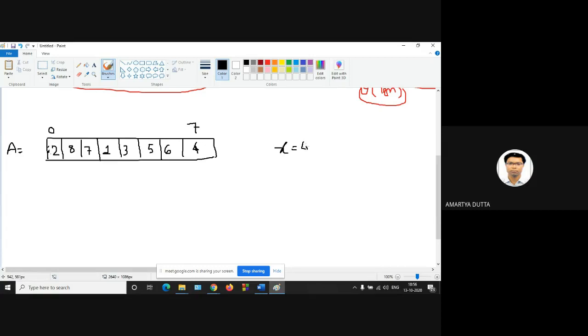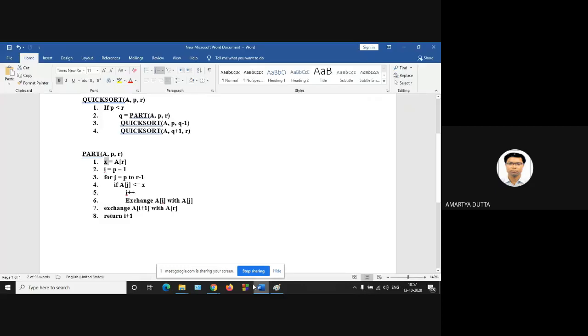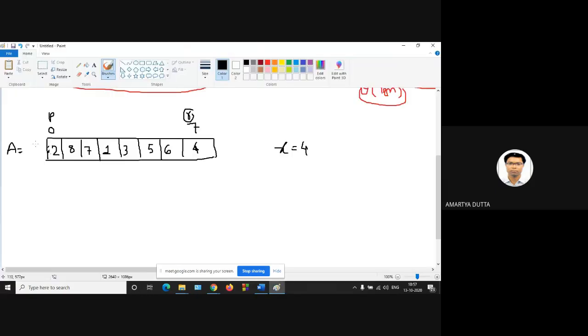Yes, X is 4 because this is your P and this is your R. So A of R is 4 and this 4 is stored in X. Then I is equal to P minus 1. Let this be your I.